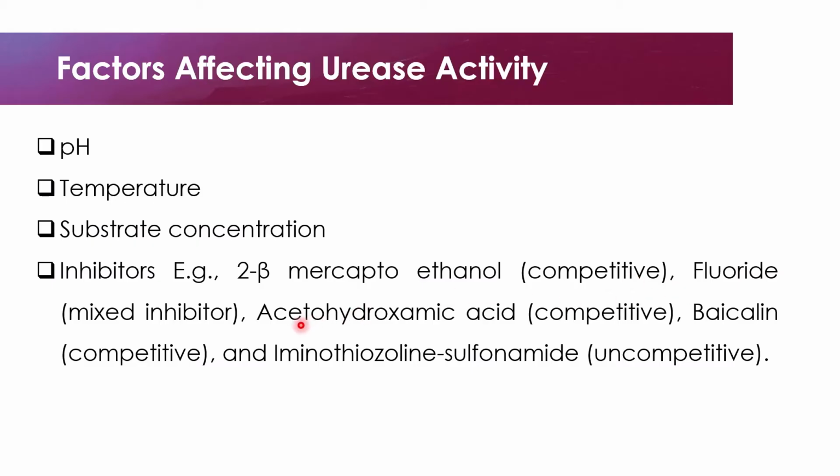We have acetohydroxamic acid as a competitive inhibitor. We also have baicalin as a competitive inhibitor and iminothioxylene sulfonamide as an uncompetitive inhibitor. And these are the factors that normally affect urease activity.